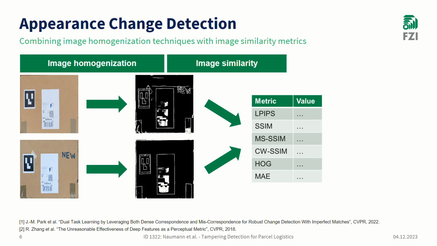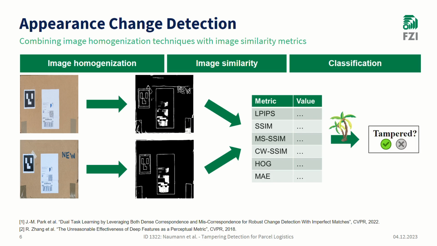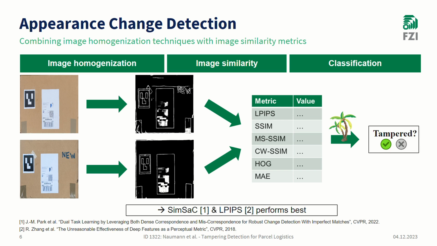Next, we compute the pair's image similarity using a set of common metrics. The results serve as an input for a decision tree of depth 1, which performs the final classification. Thus, the decision tree selects the best homogenization approach in combination with a suitable image similarity metric, and the classification decision is taken by simple thresholding. The best approach combines SimSaC, a deep learning-based change detection approach, with LPIPS.